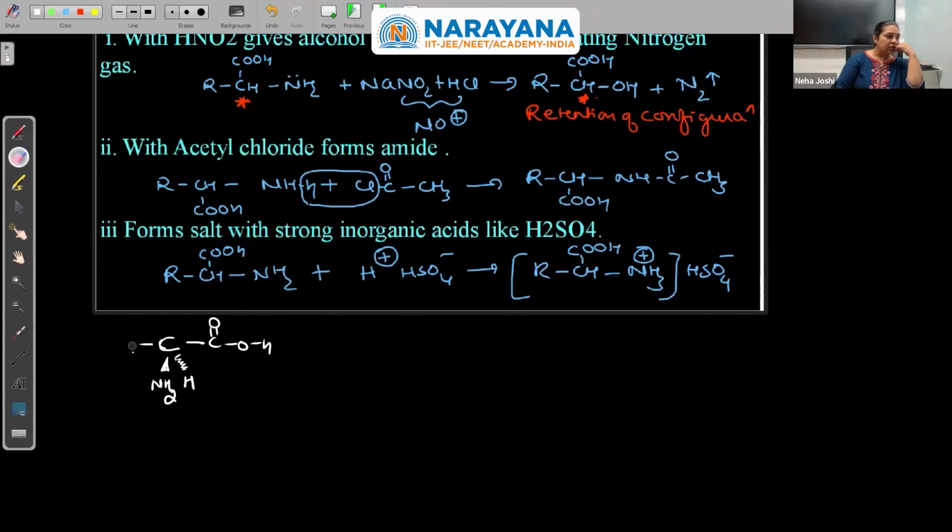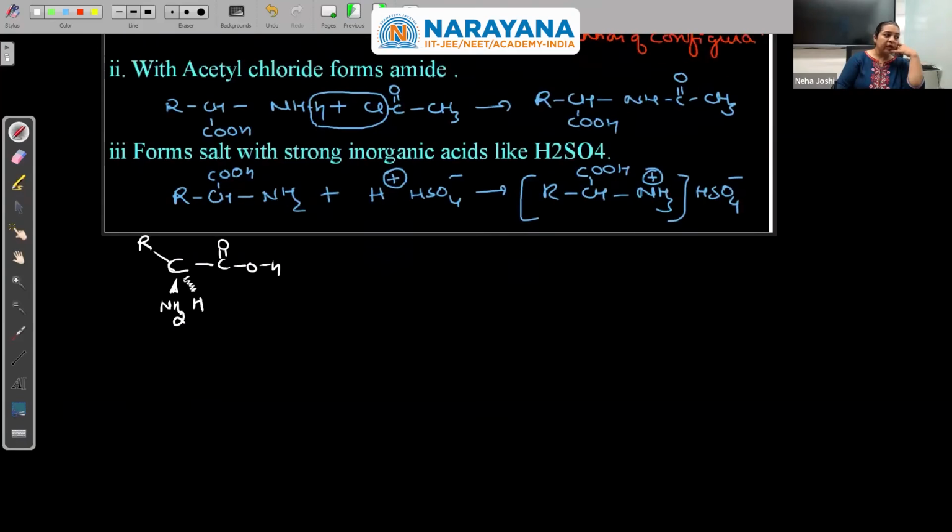Yes. Just check, this is an L amino acid. How to check? Simple method: in an L amino acid, we said NH2 should be on the left, H here, and R here. So how is the arrow going? Clockwise, but H is on the horizontal, so you put it as S. Now check here, is this S? Yes, this is S. So I have drawn an L amino acid. I have drawn it correctly.